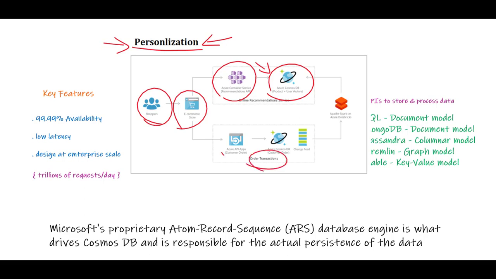Eventually, order transactions can be utilizing Cosmos DB, well, to save things. Change feed, again, is updating the personalization, because once I buy something, my online recommendations understands a little bit more about what I like and what I don't like, making recommendations and suggestions. So that can be fed and stored utilizing Cosmos.